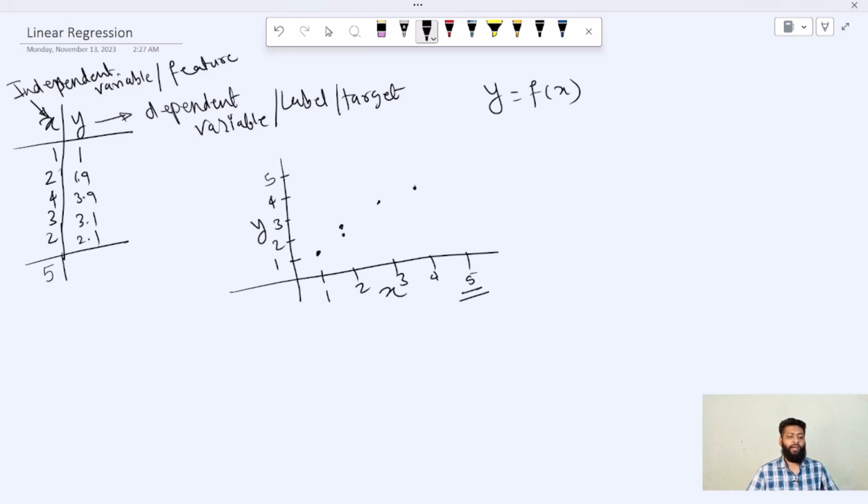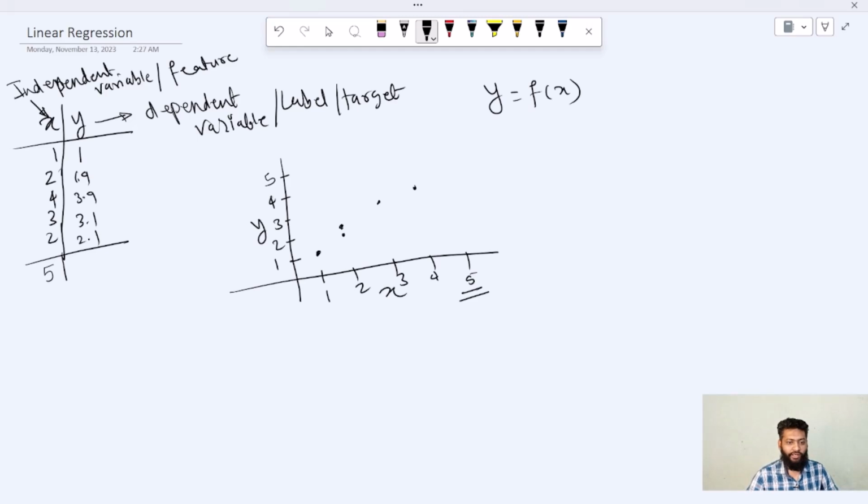So in linear regression, we first draw a straight line out of these points. These points are called data points, and we are trying to find the close relationship between x and y by drawing a best fit line.